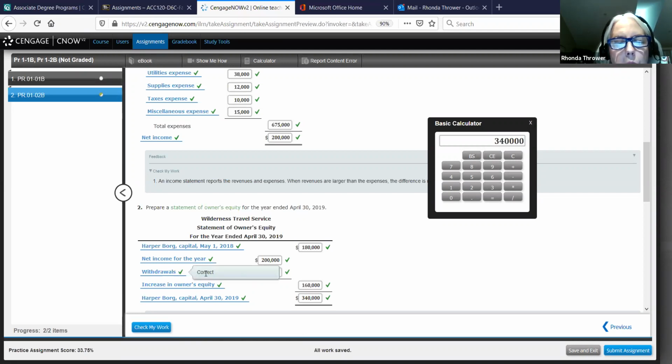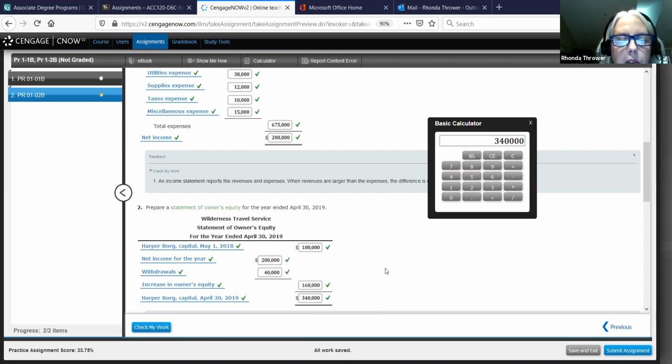The withdrawals are taking owner's equity away from the owner, so this is always a negative. So if you had two negatives, a net loss and withdrawals, you would add the two negatives together, and that would give you a decrease in owner's equity. And that decrease in owner's equity would be subtracted from your beginning owner's equity to get your ending owner's equity.